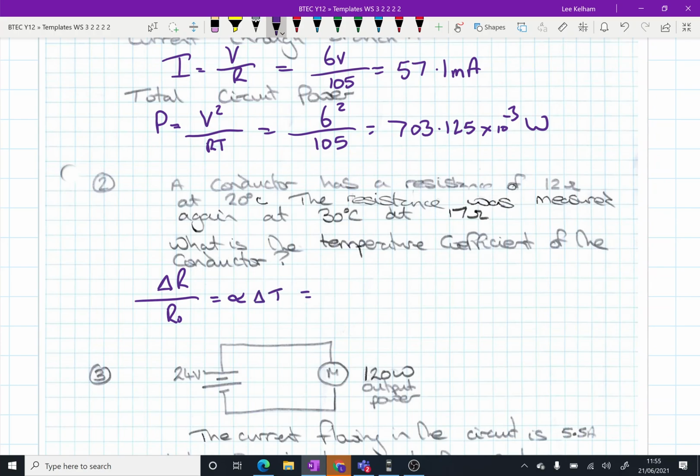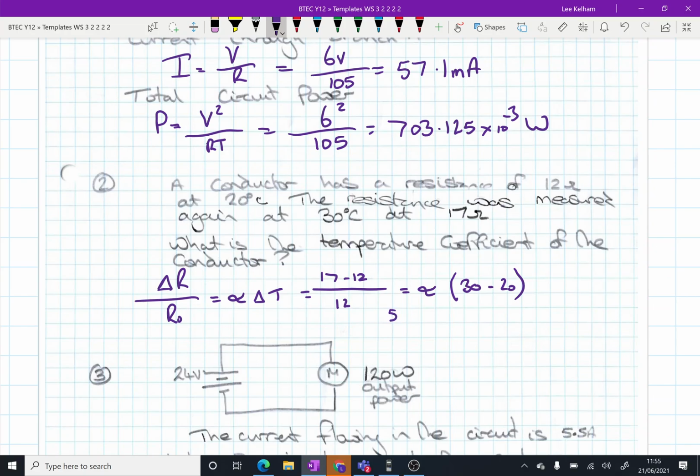So we write down what we know. So the change in resistance is 17 minus 12. So we could just write 5 down there, but I like to spell it out. Divided by 12 is equal to the temperature coefficient multiplied by the change in temperature. And the change in temperature was 30 minus 20, so 10. So just tidying that up a little bit.